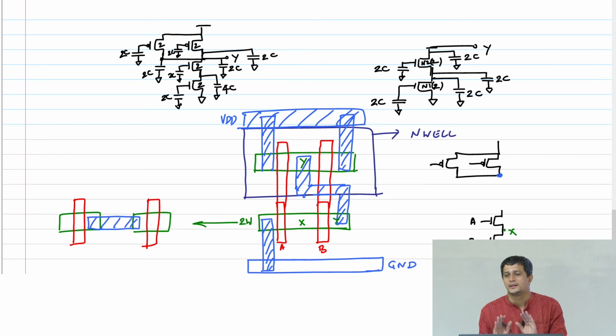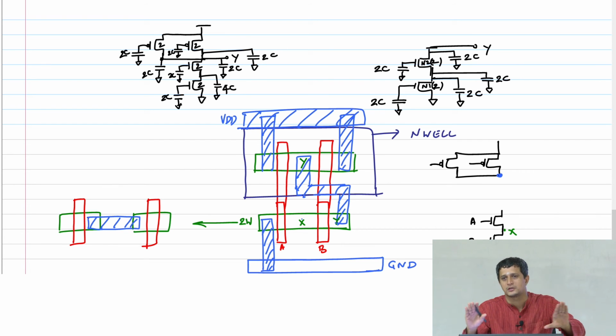But now these transistors share a diffusion. Diffusion is basically my N plus, right? They share that diffusion and also there is no contact on that. What do I mean by contact? It means that this node X is not available to the outside world. You can access Y, you can access A and B. You cannot access X from outside, which means there is no contact, and therefore I don't need to give any minimum spacing between these two diffusions.